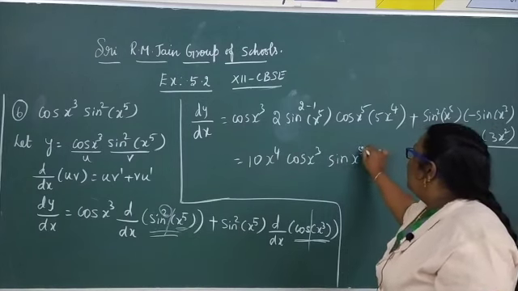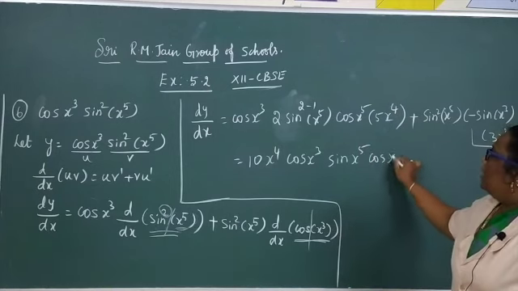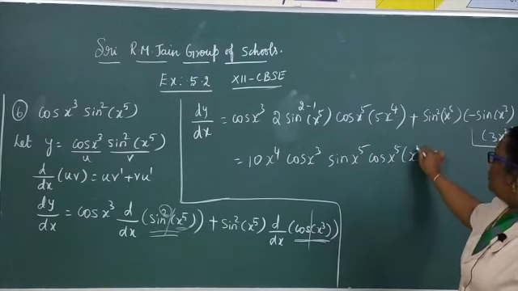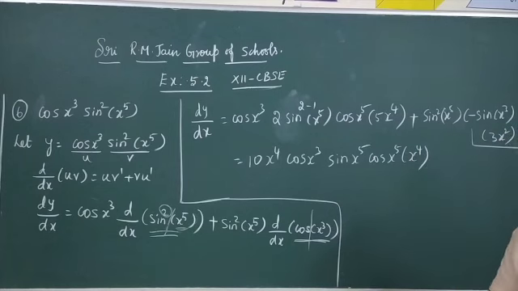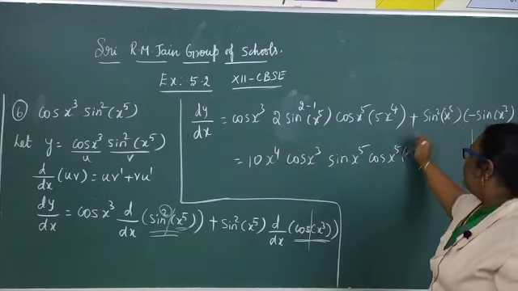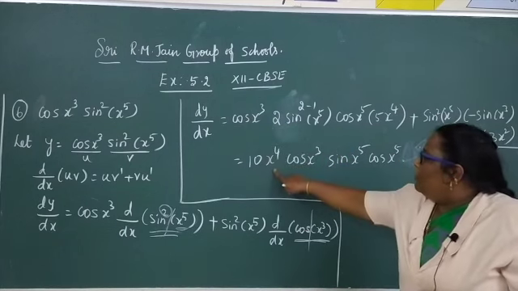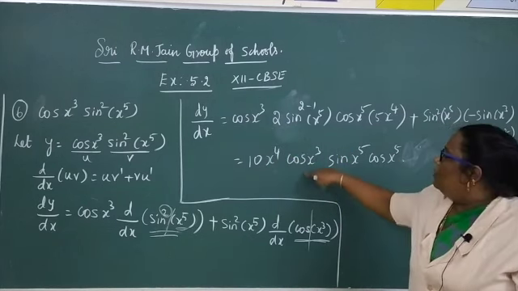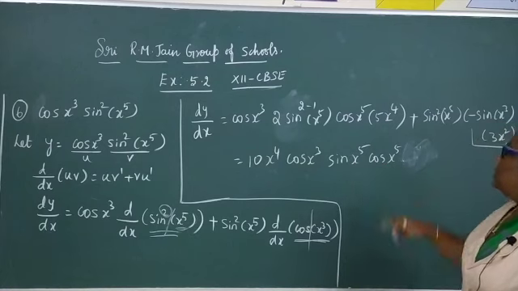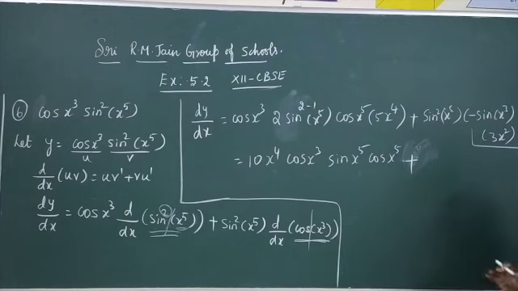Sin x power 5, cos x power 5 into x power 4. See, 5 2s are 10 x power 4 cos x cube sin x power 5 cos x power 5 plus. Plus into minus is minus.